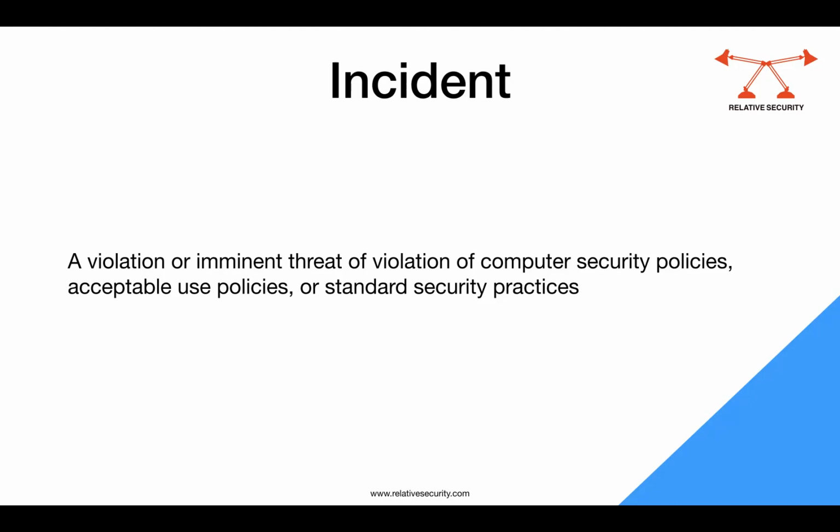In the last slide, we talked about events, the observable normal occurrences. However, if there is something that violates the policy of the organization, or if any event turns out to be an imminent threat of a violation of any computer security policy, that would be an incident.